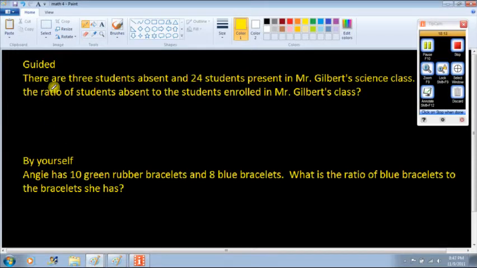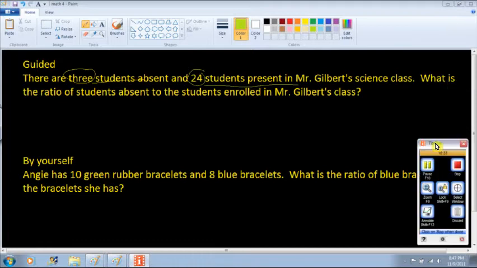So let's see. This one says there are 3 students absent and 24 students present. So if there's 3 students absent and 24 students present, then how many are there in total in Mr. Gilbert's class? Well, you would add 24 plus 3.